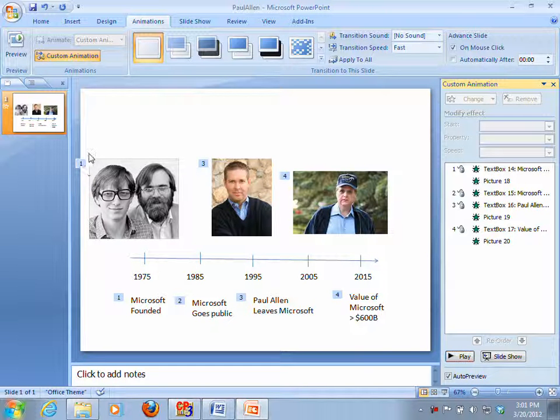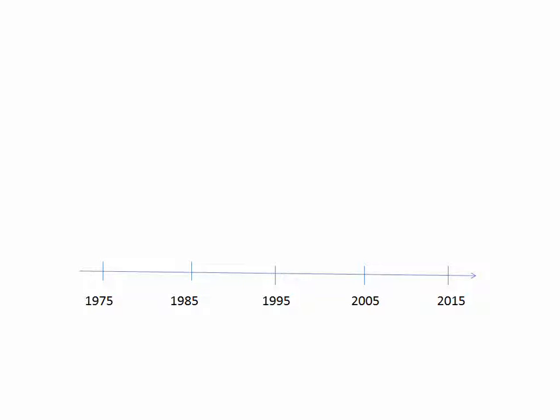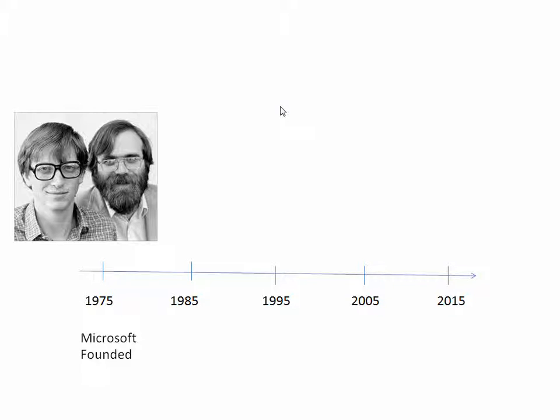And so it shows here, I got a 1 here and a 1 here, and a 2 here, a 3 here, a 3 here, a 4 here, and a 4 here. A little slideshow. So when I first bring up the slide, all that's going to be there is the timeline. Now I'm going to click. See, Microsoft Founded.